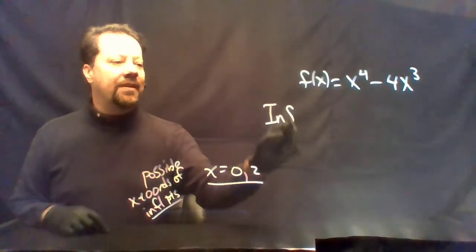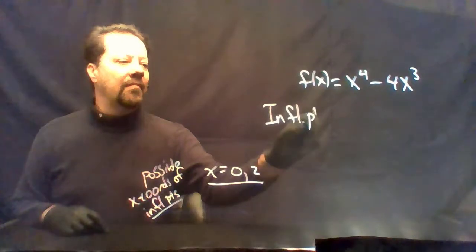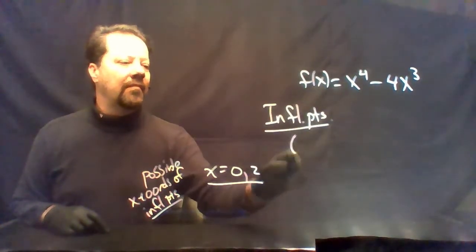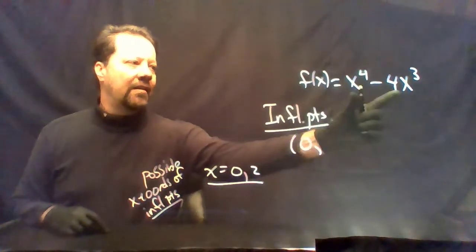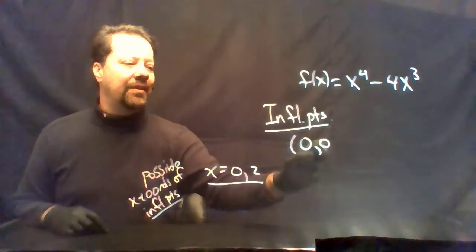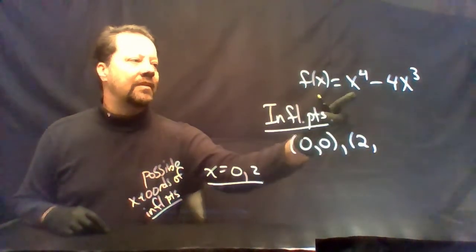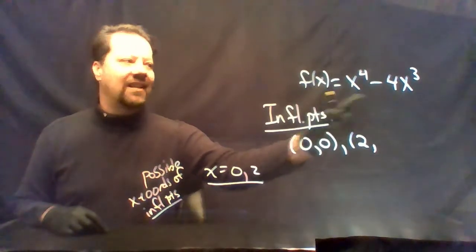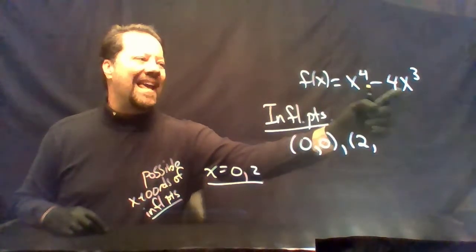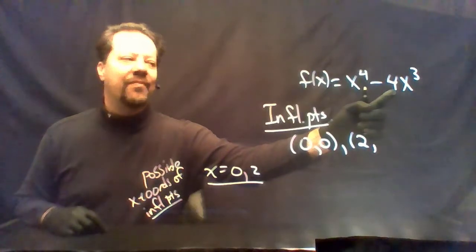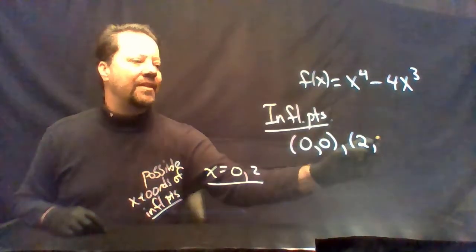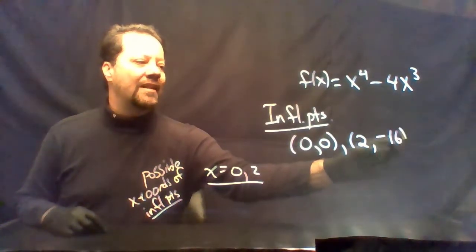The inflection points then are x equals 0, y equals 0, and then x equals 2: 2 to the 4th is 16, 2 cubed is 8, times 4 is 32, 16 minus 32 is negative 16.